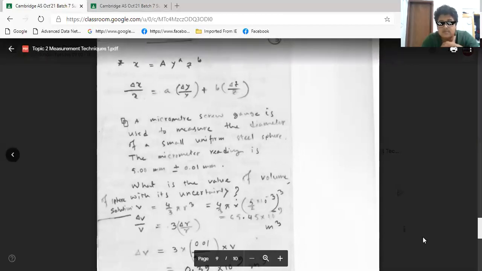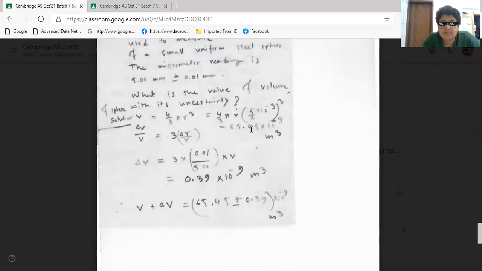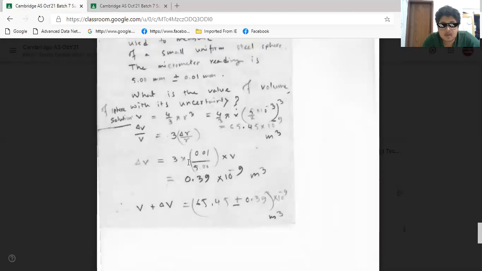Is it clear? Now we have already calculated the volume, that is 65.45 into 10 to the minus 9 meter cube. So we are using that one.